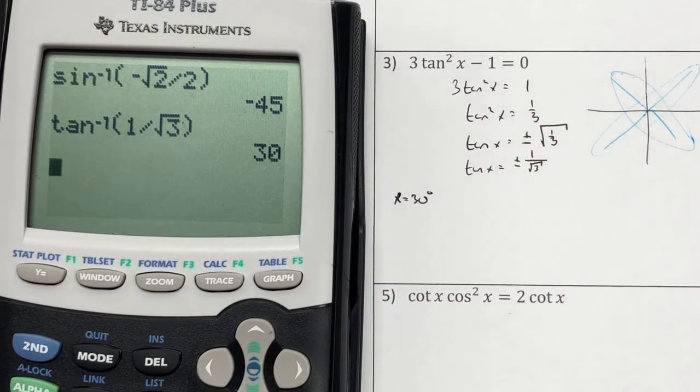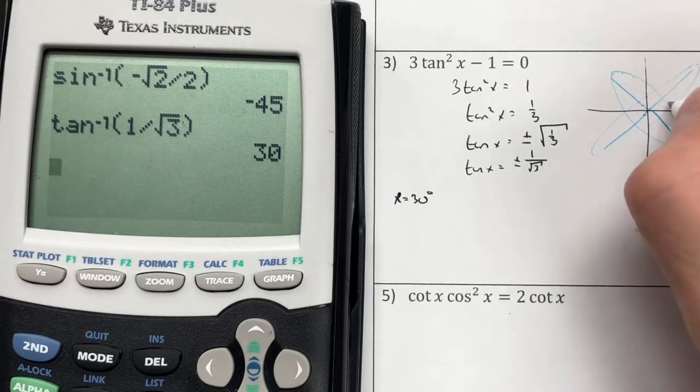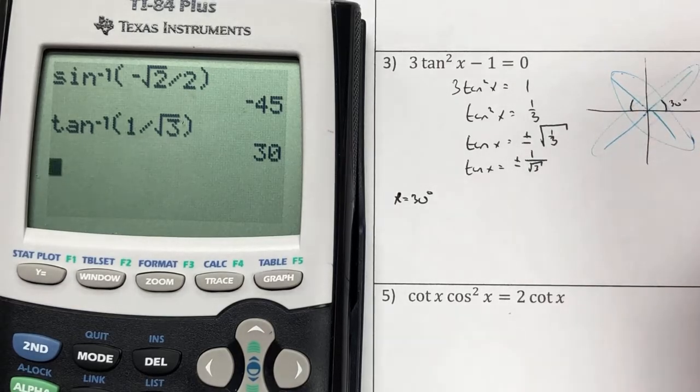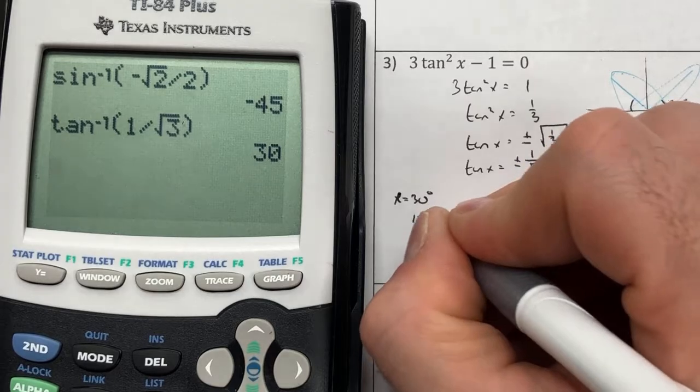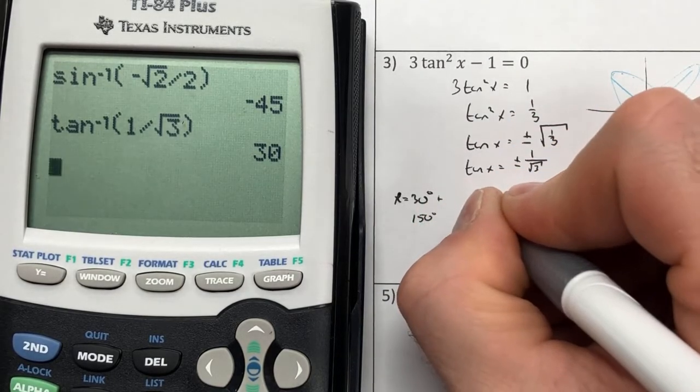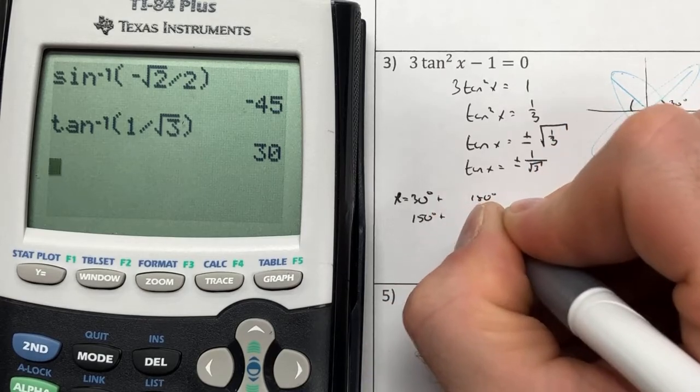Perfect. So if x is 30 degrees, that means that I've got this as 30. I know the fact that I'll have that same ratio over here, which is going to be, let's see, 180 minus 30 is going to be 150 degrees. I know that it repeats itself every 180 degrees or every pi.